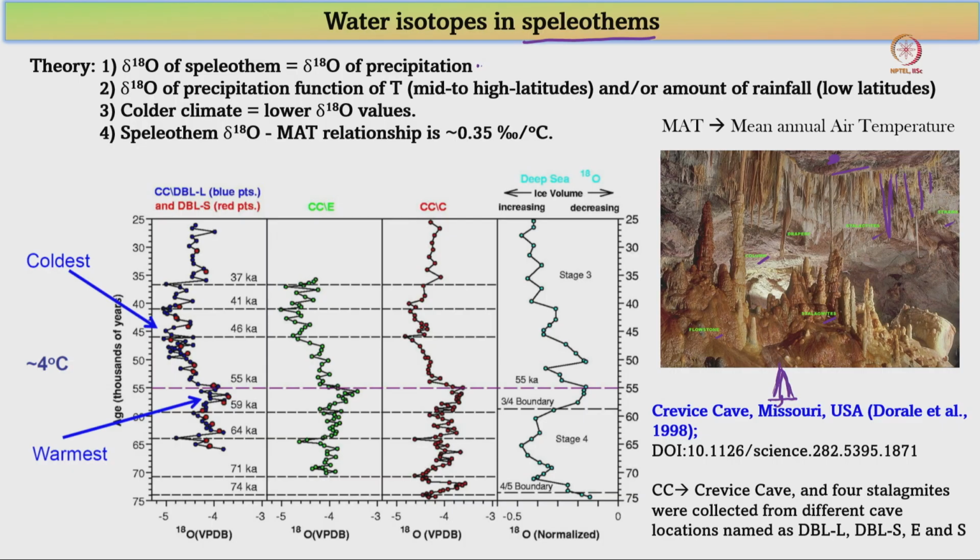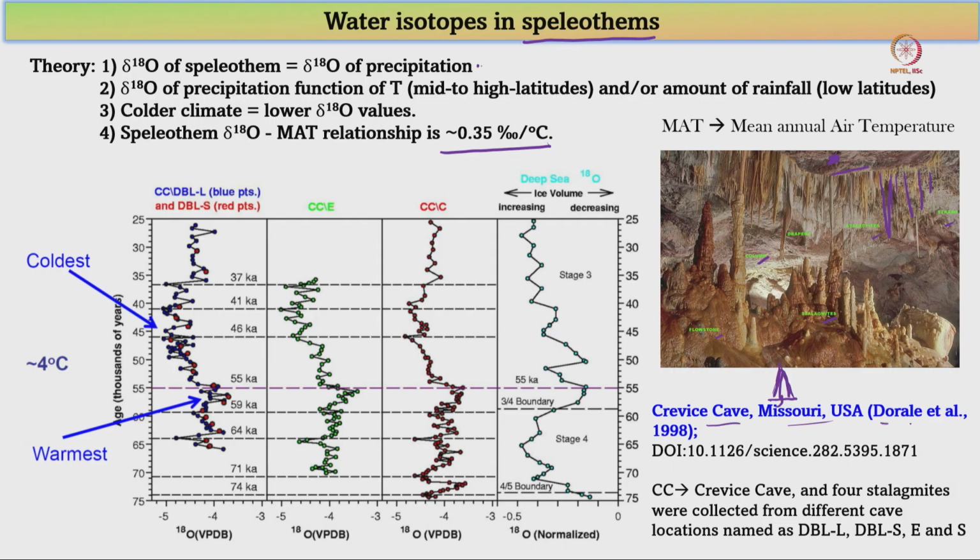And we have an empirical relationship between the speleothem delta 18O values and the mean annual temperature, that there is a difference of 0.35 parts per mil per degree Celsius change in the annual air temperature. Okay. So, this is an example from the Crevice Cave, which is in Missouri in the USA.